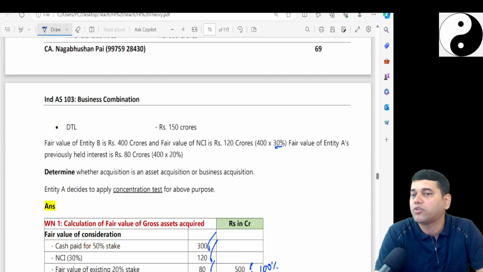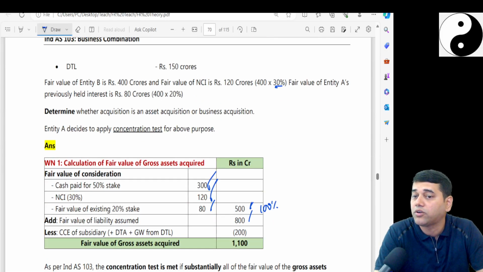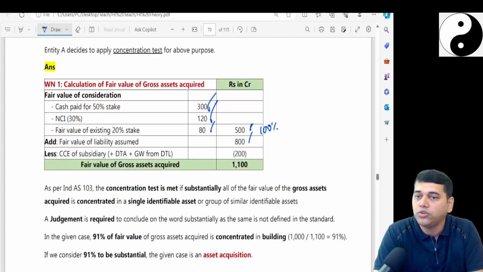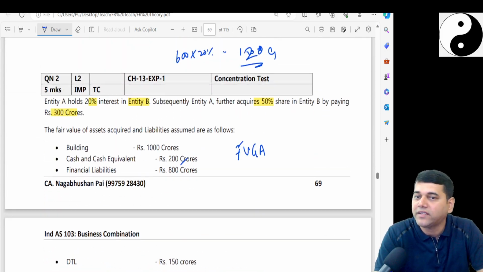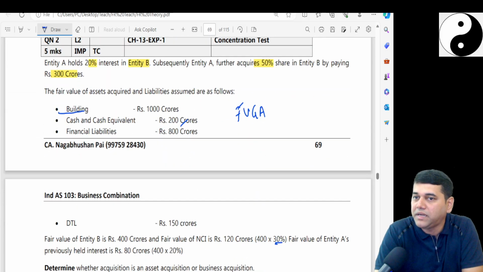Deferred tax assets and liabilities you are not going to consider there. So you get a total of 1100. Now, is this 1100 concentrated in a single asset? If I go back to the balance sheet, see, every asset I took except building.